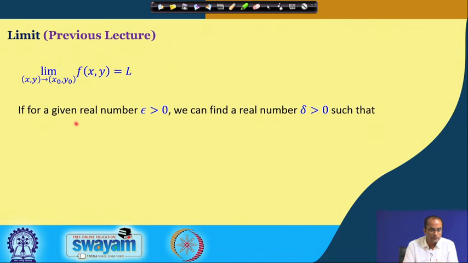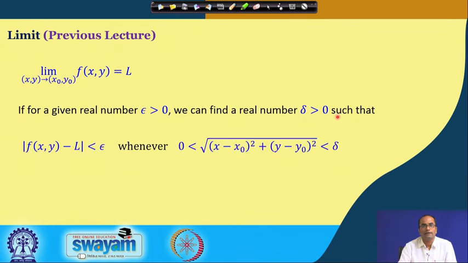That means, if for a given real number epsilon positive, we can find a real number delta positive such that |f(x, y) minus L| is less than epsilon.